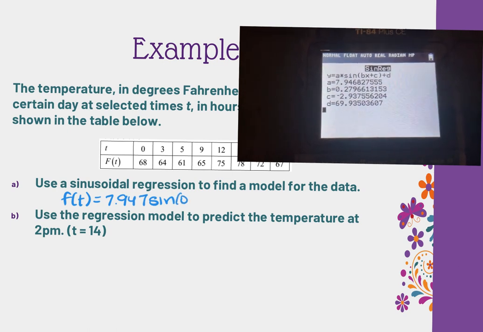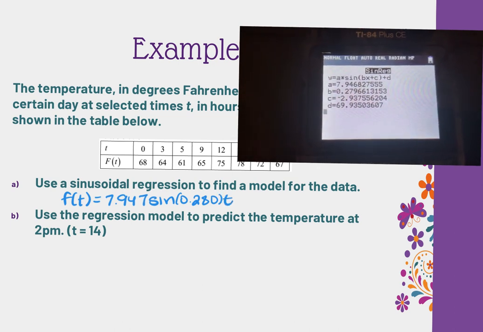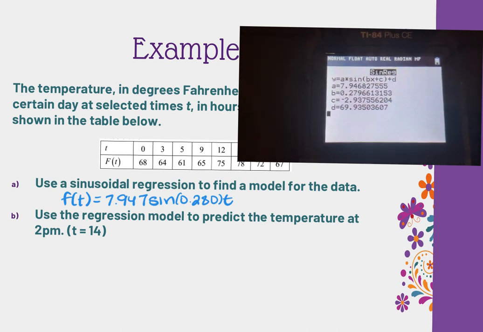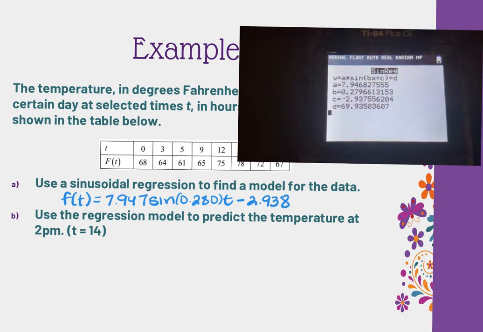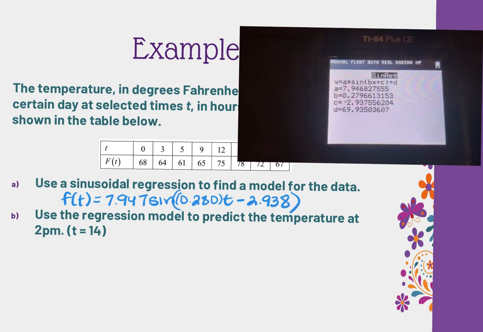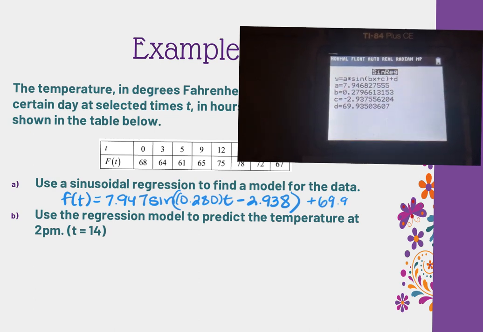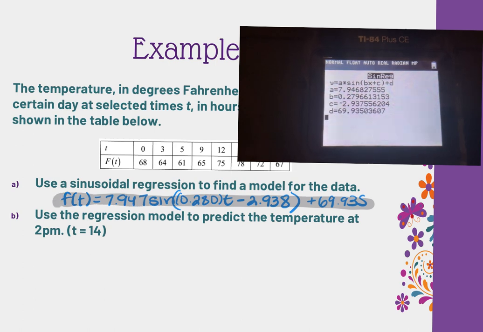B is 0.2796, so 0.280, times T. C is a minus, so minus 2.9375. That also goes in the parentheses. And plus D, 69.935. So that whole thing is my regression model.